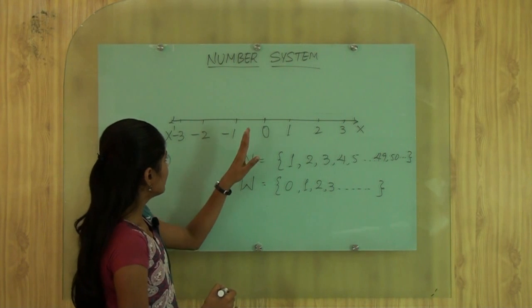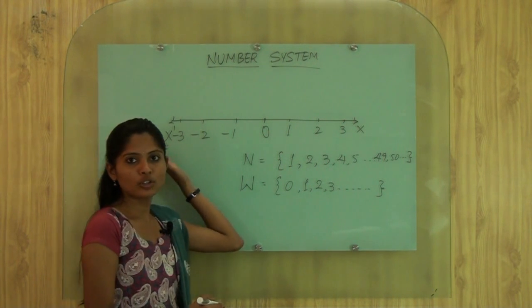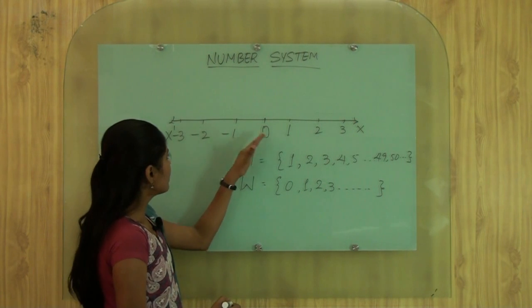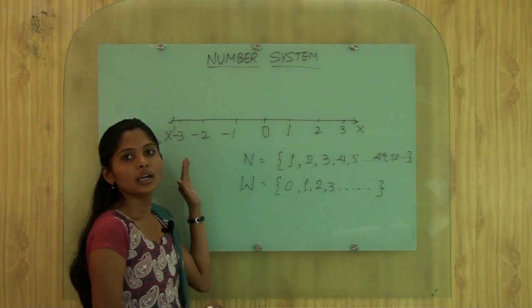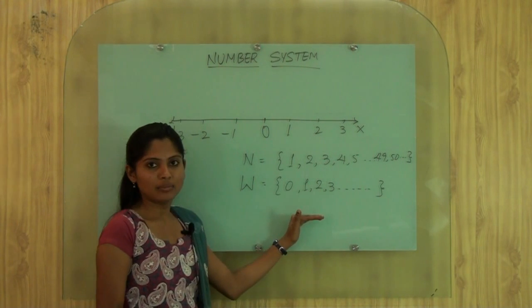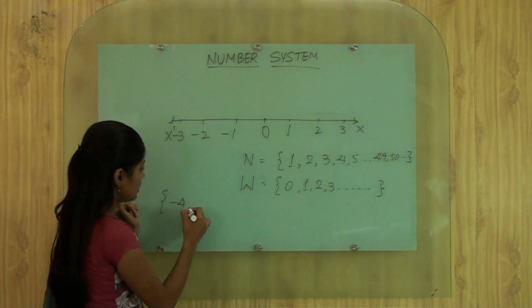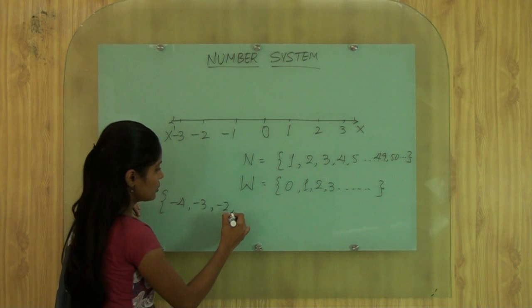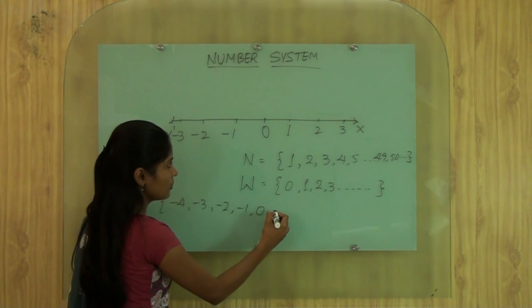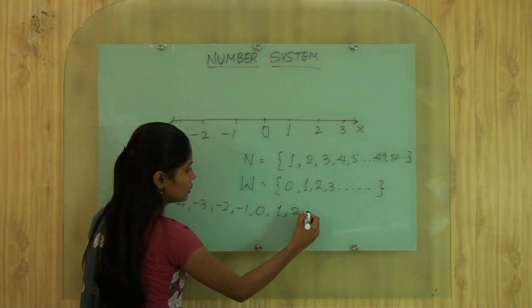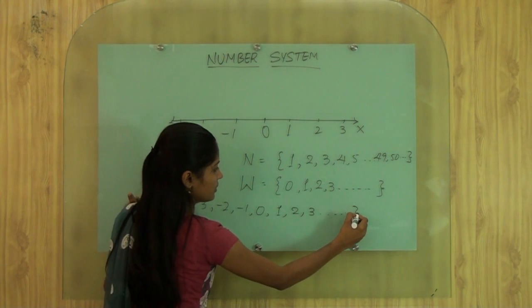You can see that towards the negative direction of the number line, there are many negative numbers. Pick them also along with these numbers. See what you get? -4, -3, -2, -1, 0, then you have 1, 2, 3 and so on.